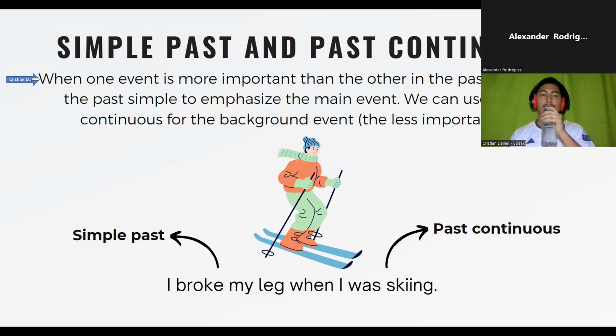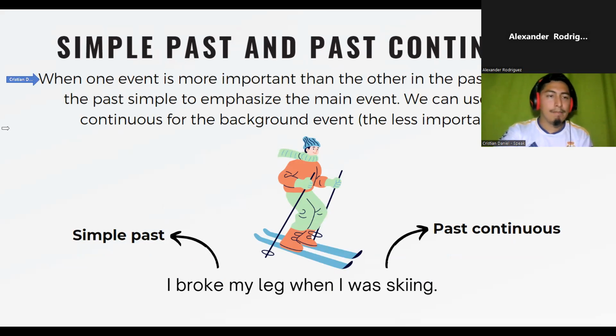Simple past and past continuous. When one event is more important than the other in the past, we can use the past simple to emphasize the main event. We can use the past continuous for the background event, the less important one.